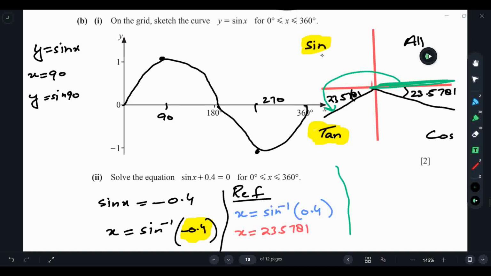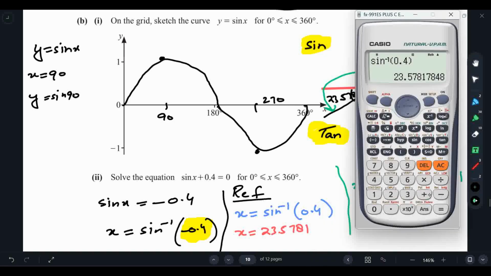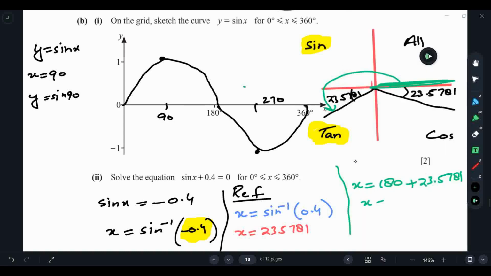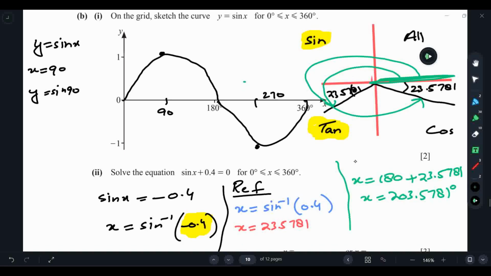So x will be equals to 180 degrees plus 23.5781. Let me check this one. If we add 180 into it, this will be 203.5781. x is equals to 203.5781 degrees. Now the second one should be from this point till this point. This will be 360 minus this one.